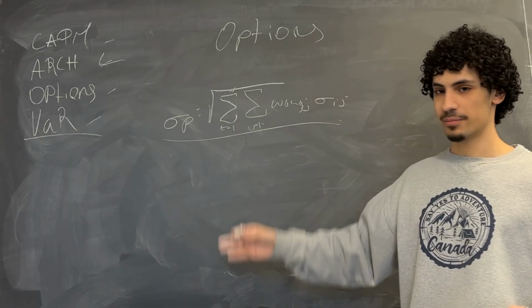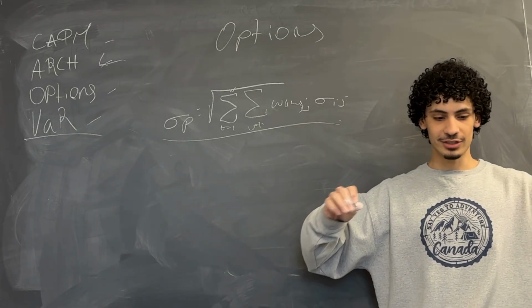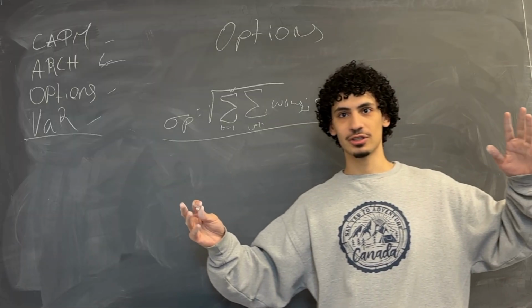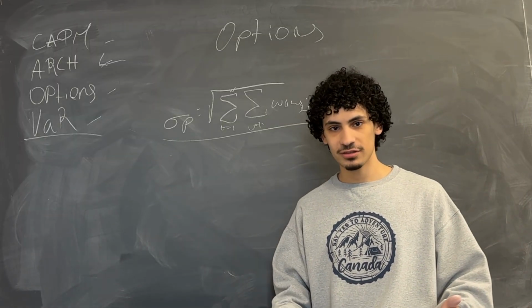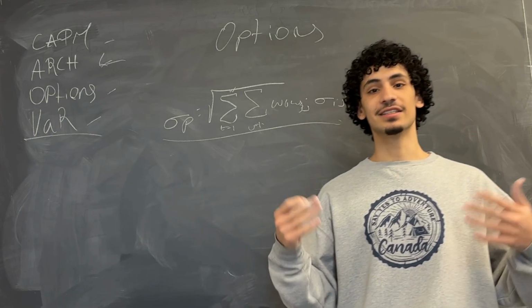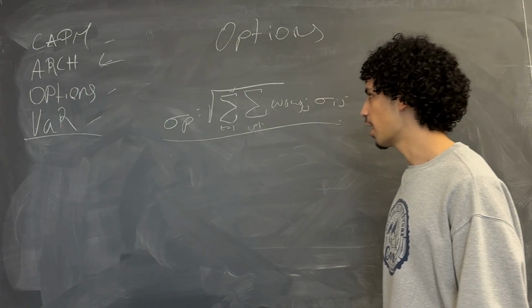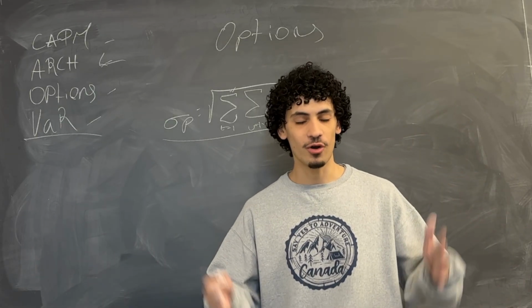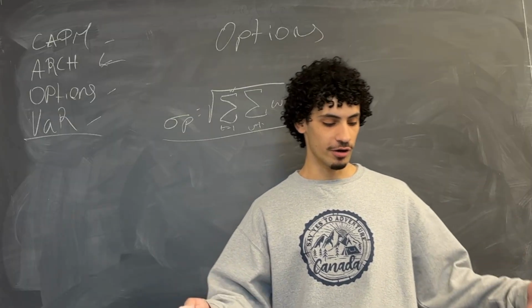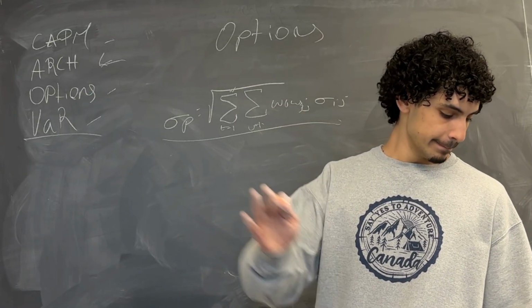That's called the diversification benefit: no matter what, if you diversify, it's safer than if you just have individual assets. So the VaR of the portfolio is always significantly less than the VaR of individual stocks summed up.